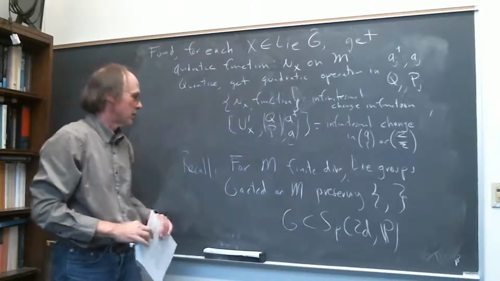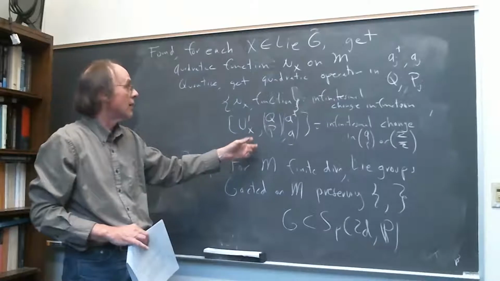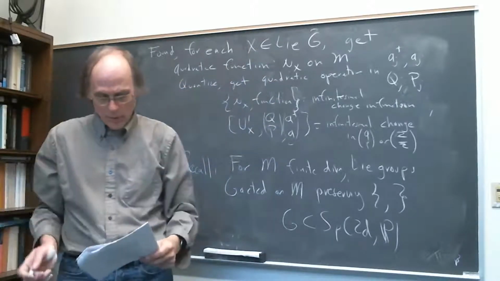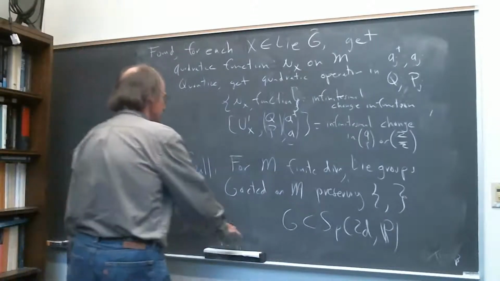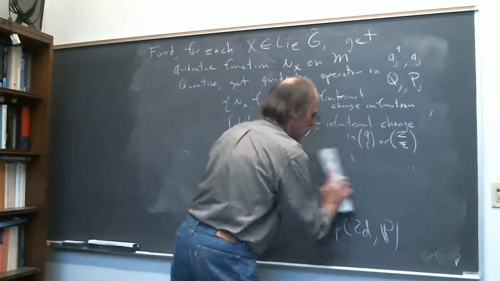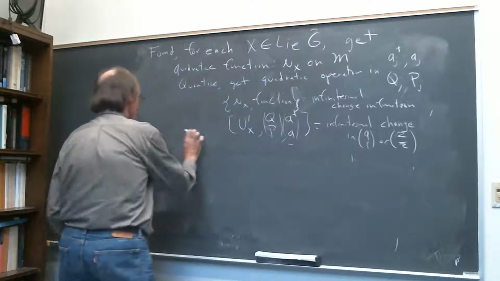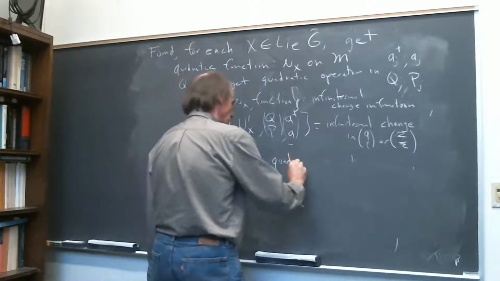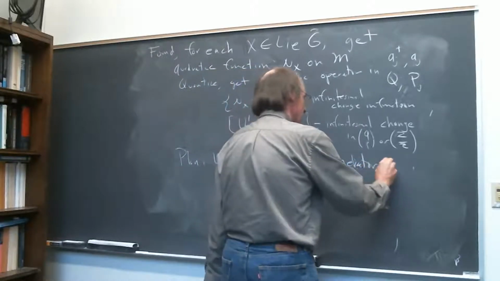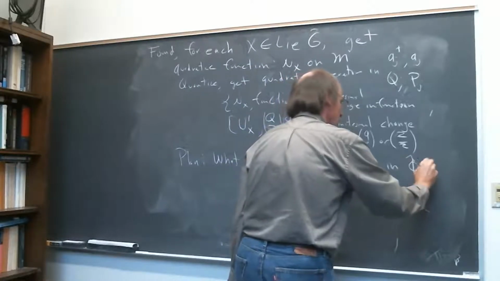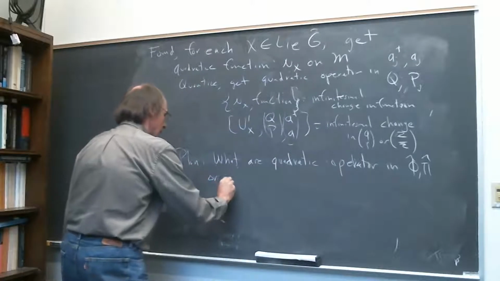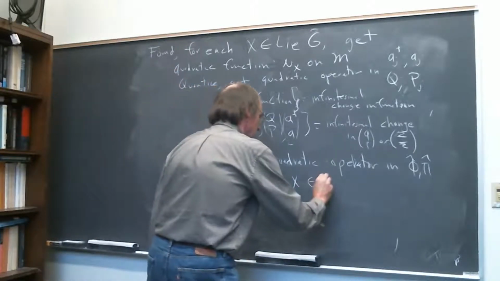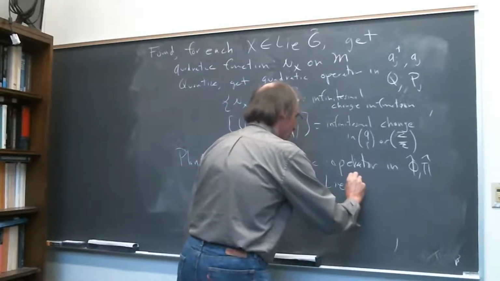And there's a bunch of formulas about how to find them, given explicitly the Lie algebra and how it acts on M. Okay, but what I want to do here, the plan: what are the quadratic operators in phi hat, or A dagger A, for x an element of the Poincaré Lie algebra?